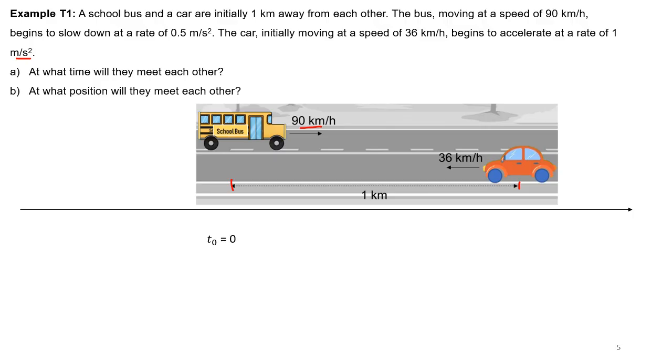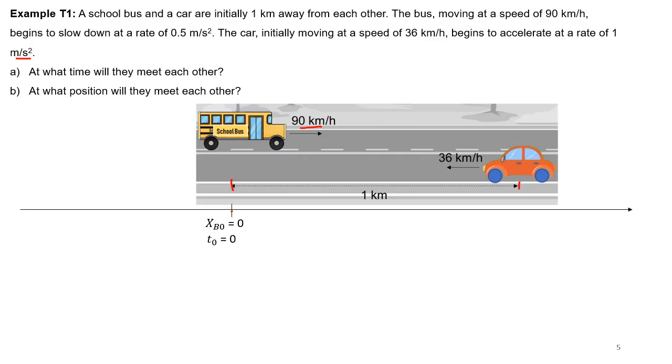Initial time, that is the moment bus driver is applying the brake, I take initial time t0 is equal to 0, and position of the bus I take it as 0. xb means position of bus at time 0. So this is the origin, the position where the bus driver applies the brake.